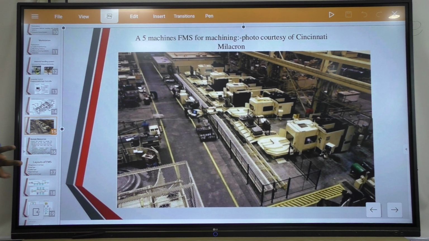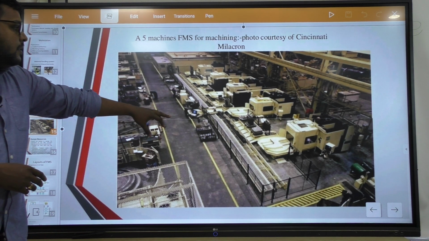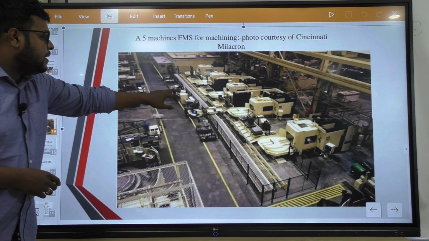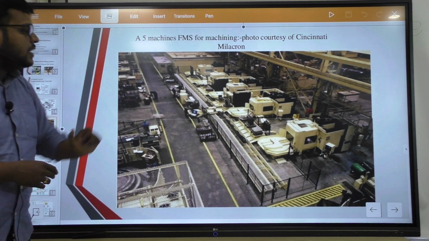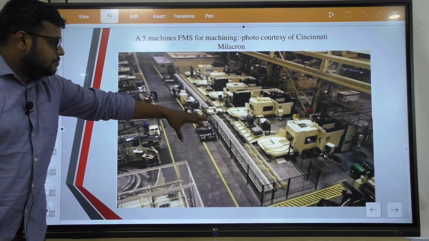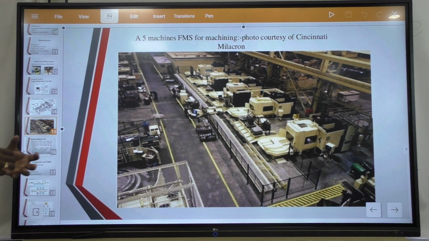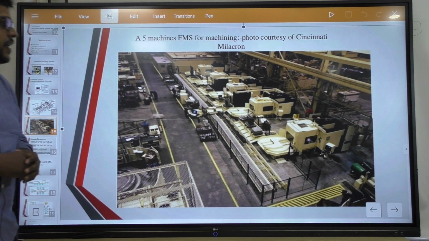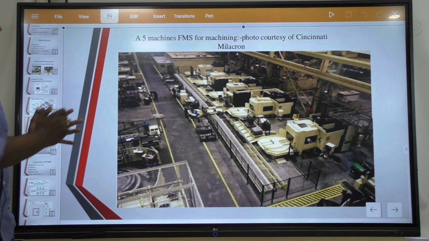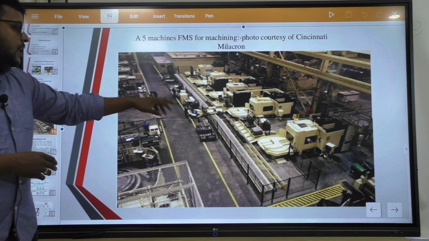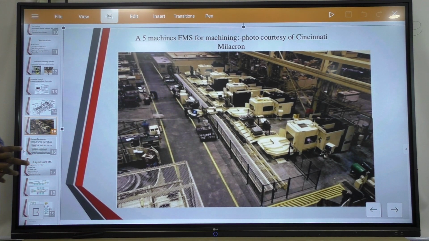After that there will be a certain type of computer they have been using. By the help of this computer they can operate that flexible manufacturing system. The whole flexible manufacturing system has been controlled by this computer, by this software.